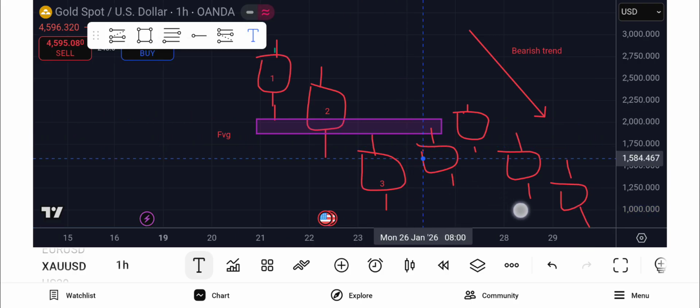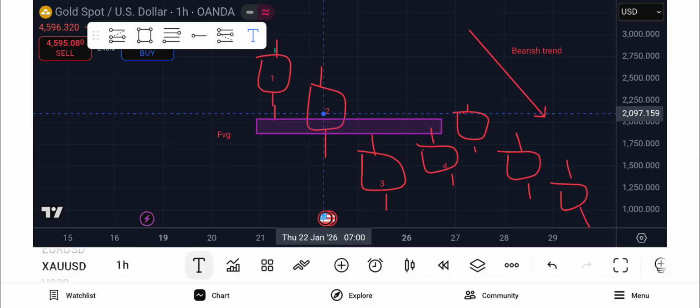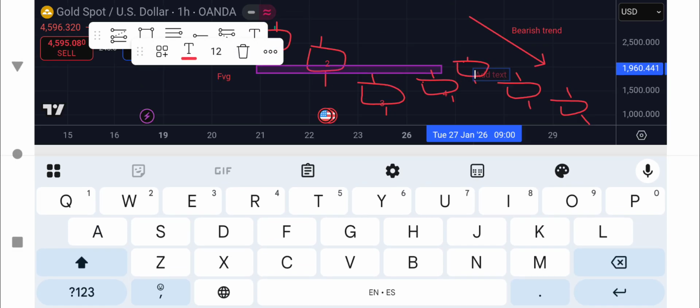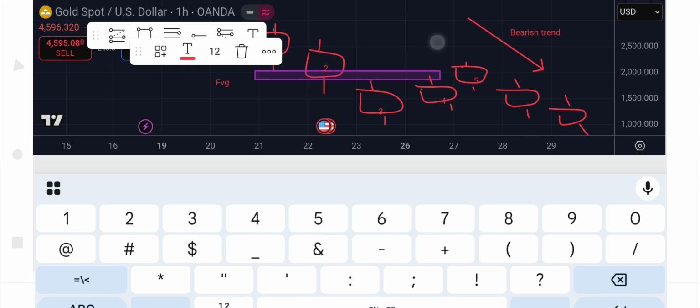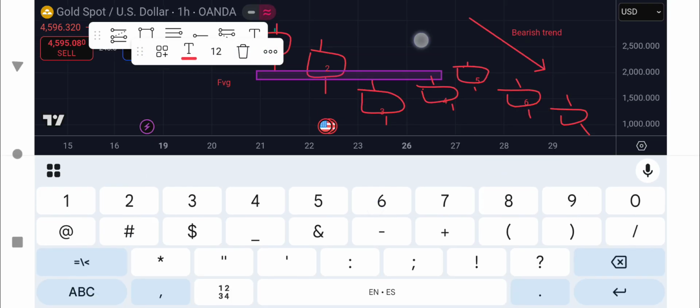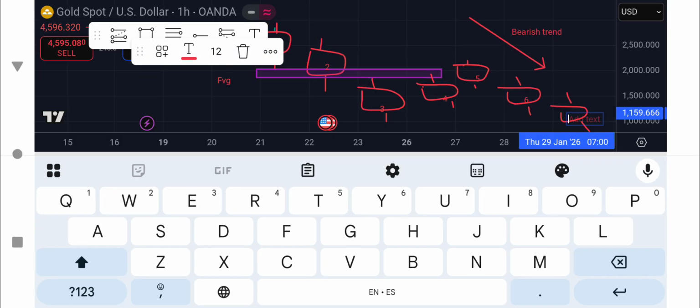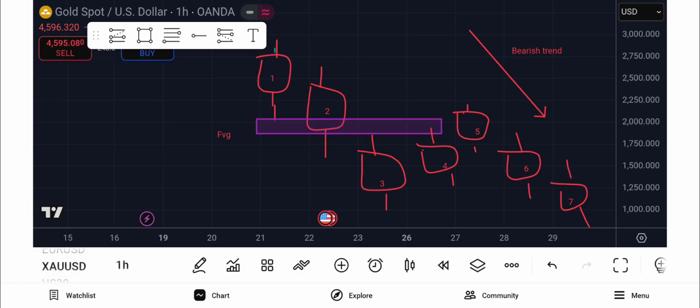Right, so this is 4. This is 5. This is 6. This is 7.